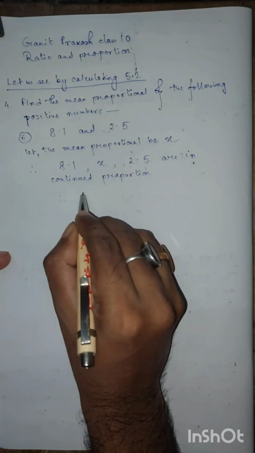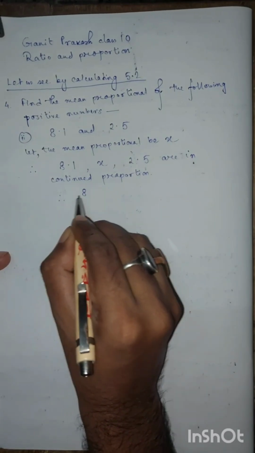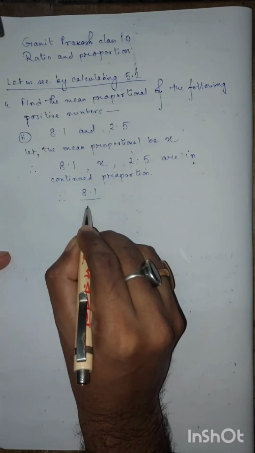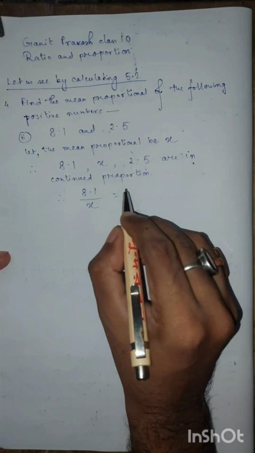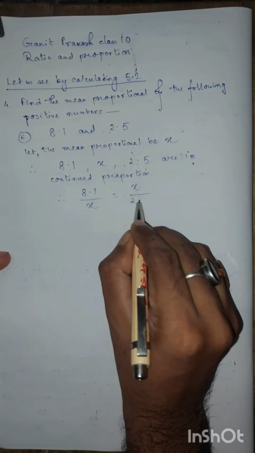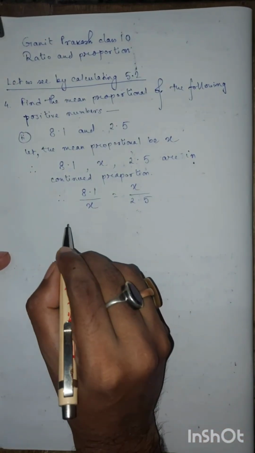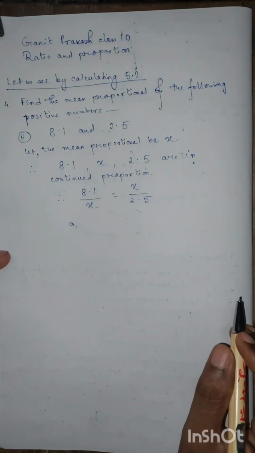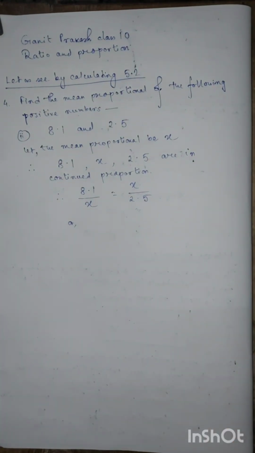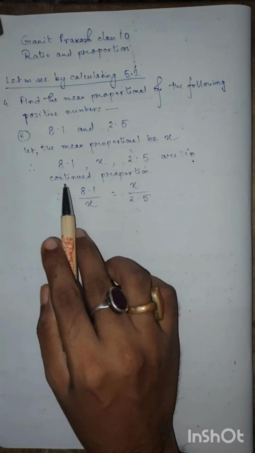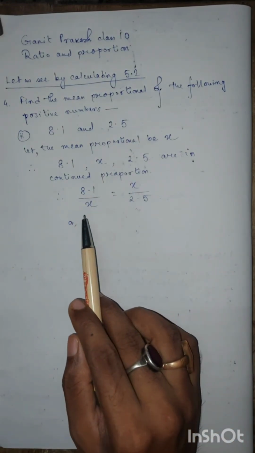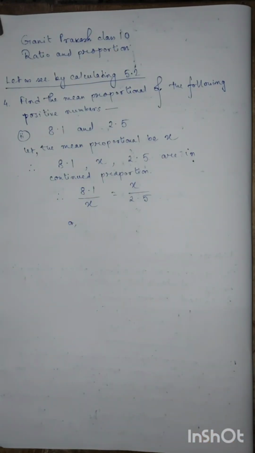Therefore we can say 8.1 by x is equal to x by 2.5. When three numbers are in continued proportion they can be written as this.